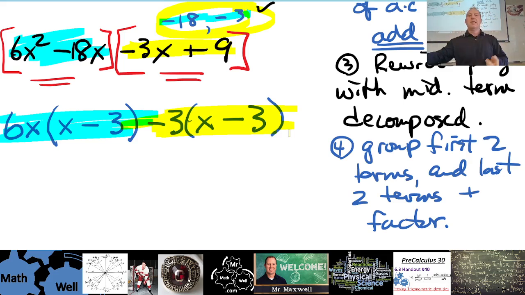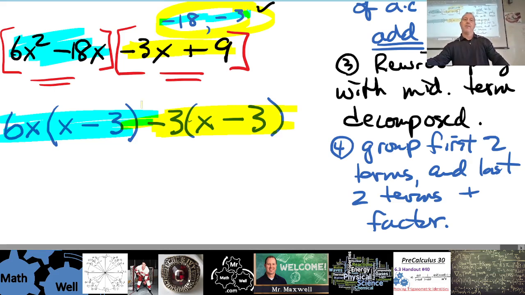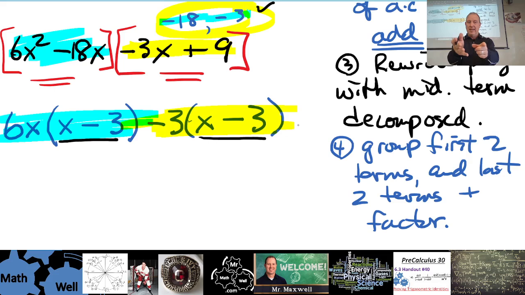Now, you're doing decomposition correctly if, okay, here's the big if. This is going to work if you have a common binomial factor in these two groupings. If you have a common binomial factor, like we do here, x minus 3, now what we're going to do is pull that greatest common factor out of the entire expression, and it's going to look like that.